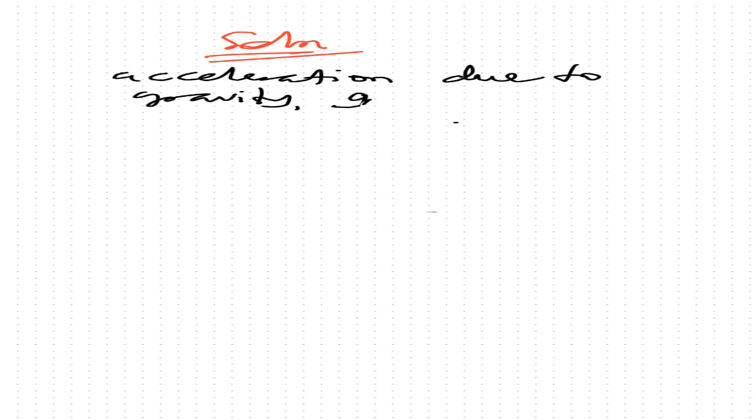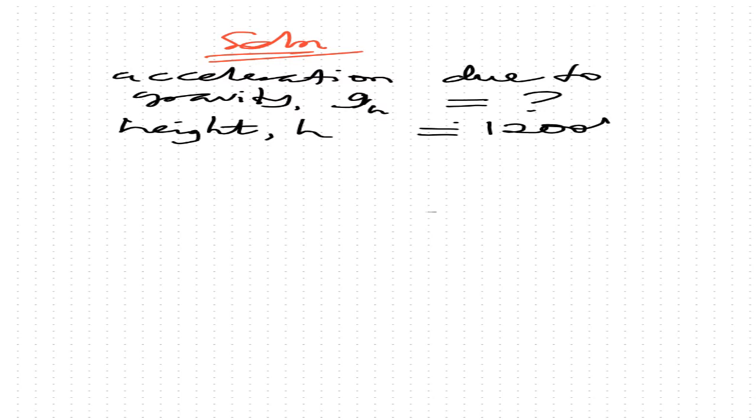Just to differentiate, we are using g_h. Don't get confused. We are using it to differentiate from the g the question gave us, because the question gave us another g. And it says the height H is what? 1,200 kilometers, according to the question. Check the question.